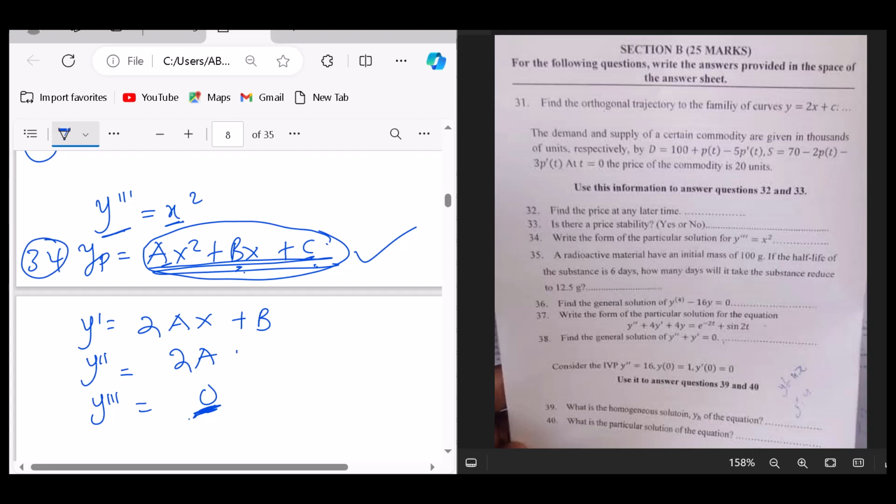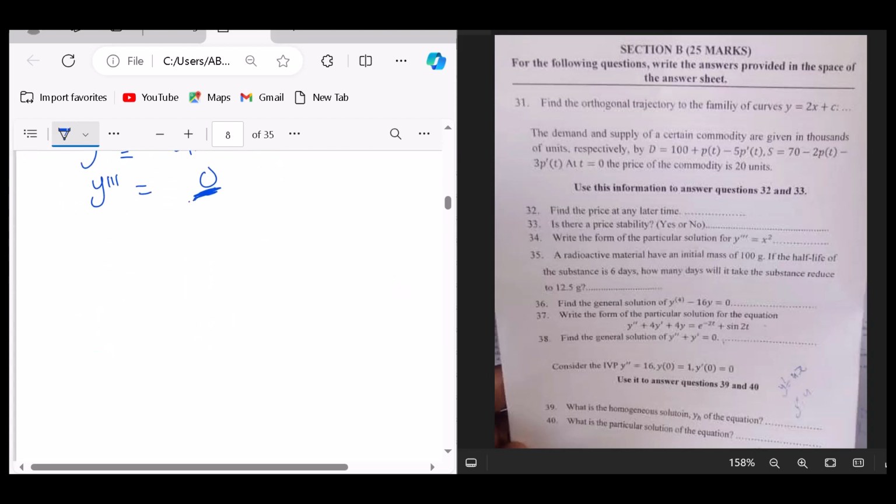Now 35, they are saying that a radioactive material has an initial mass of 100 gram. If the half-life of the substance is 6 days, how many days will it take the substance to reduce to 12.5 gram? That's a very simple question.